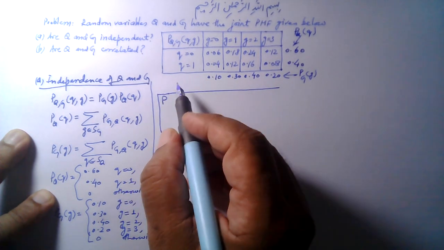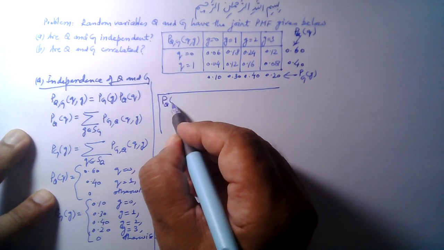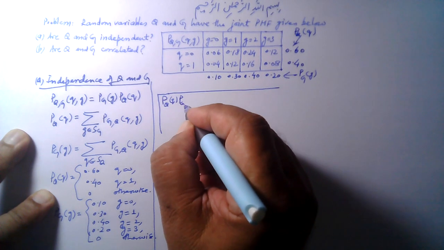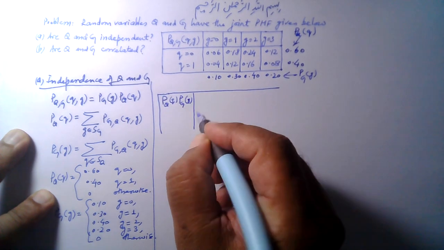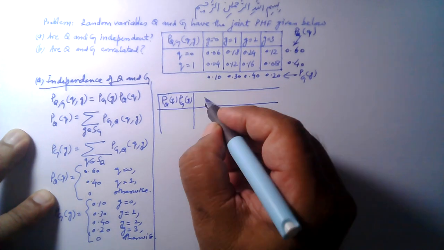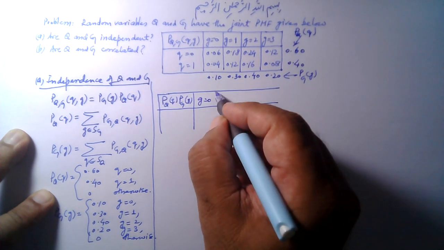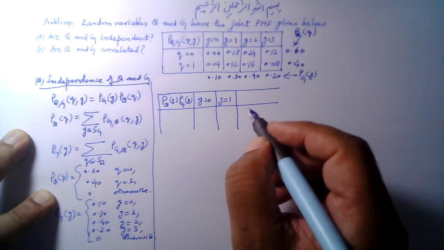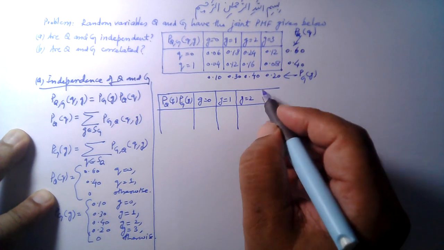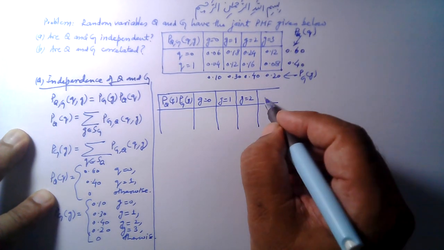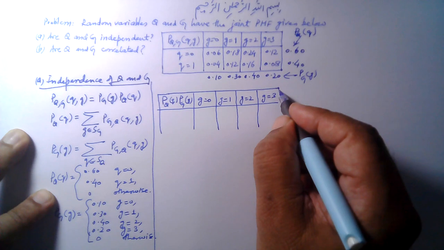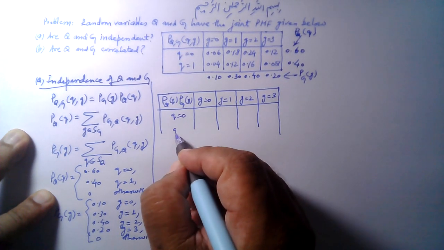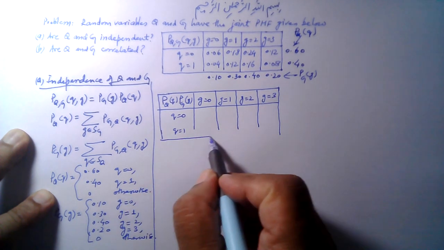So this is the product of the probabilities, not the joint PMF, right? So the table is similar to the one we already have, but the values are obtained by multiplying the values of the probability mass functions. This is not the joint PMF, keep this in mind please. So Q is equal to 0 here, and we have Q is equal to 1 here, right?